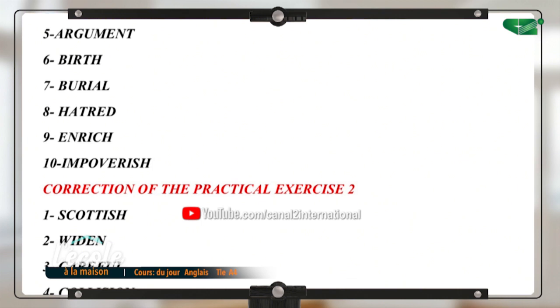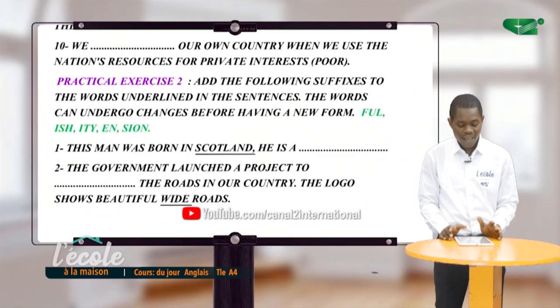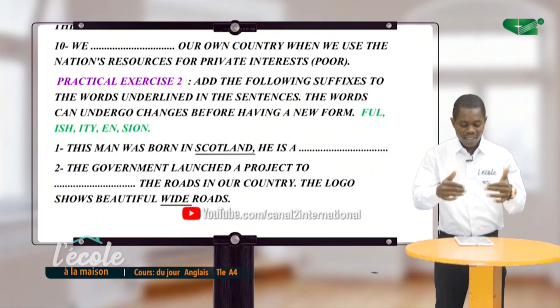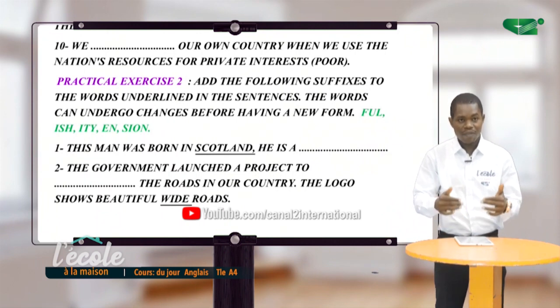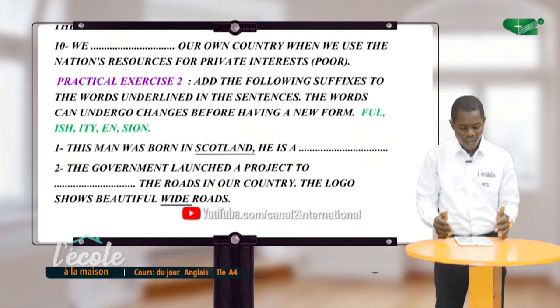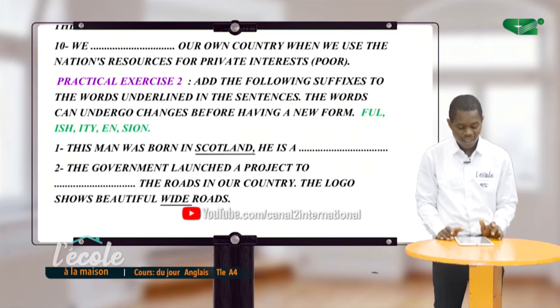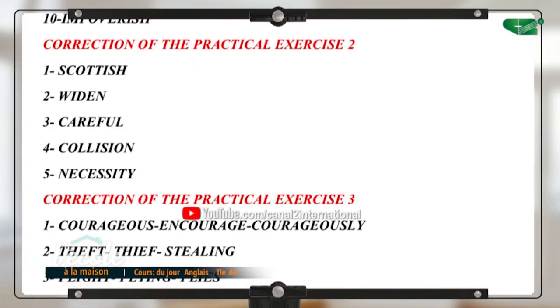This man was born in Scotland. He is a... when I look at the list of suffixes that have been given, I will see ish. And when I drop land from Scotland, I can simply add ish to become what? Scottish.